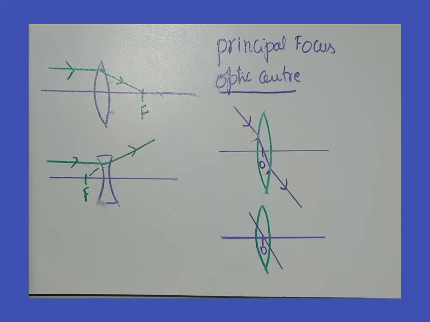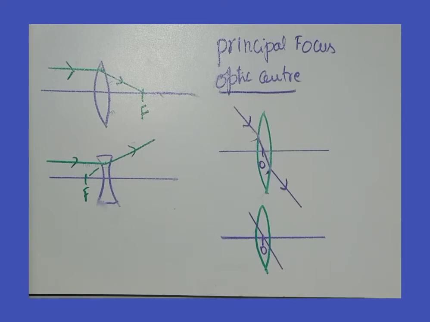It's a point on the principal axis inside the lens through which when a ray of light passes, it will not get deviated. That is, when a ray of light passes through that optic center, it will not undergo any deviation. This is the definition of optic center. And all the distances are measured on the principal axis from the optic center.